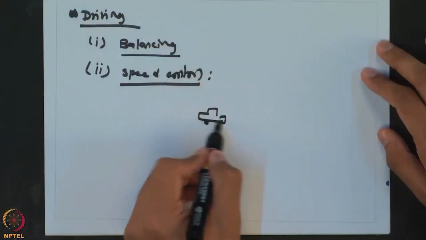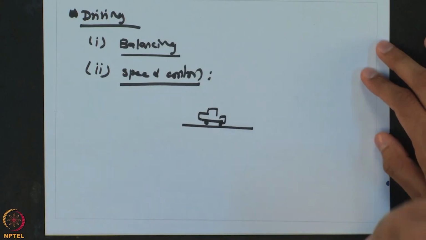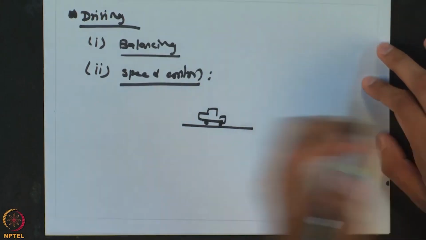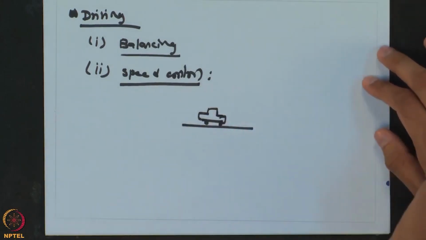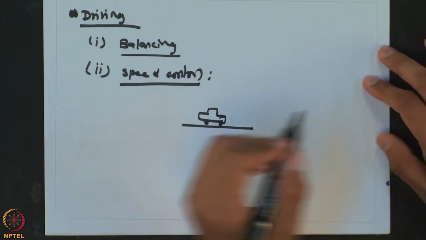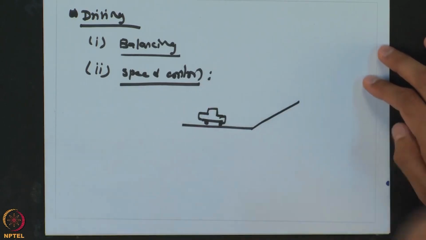Let us say you are going at the same accelerator pedal position, and the road is flat, so the speed gets maintained. Now let us say you hit an uphill part.